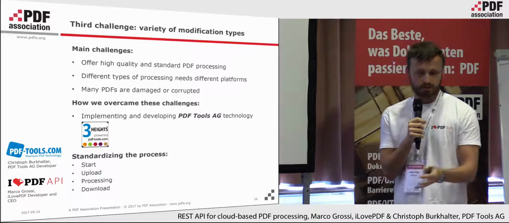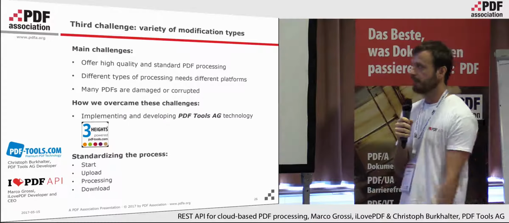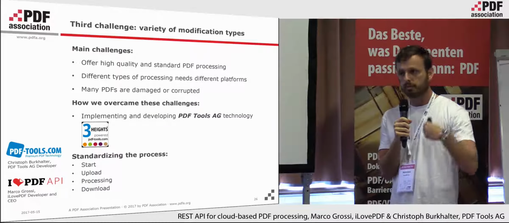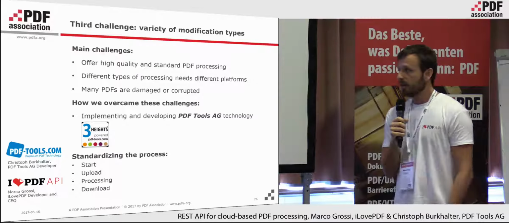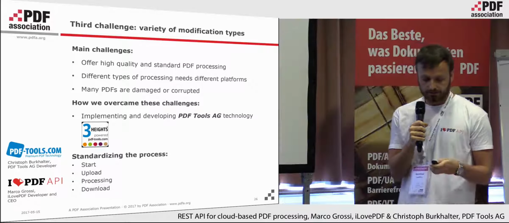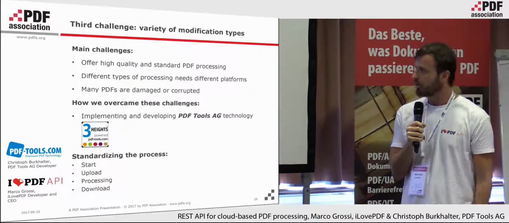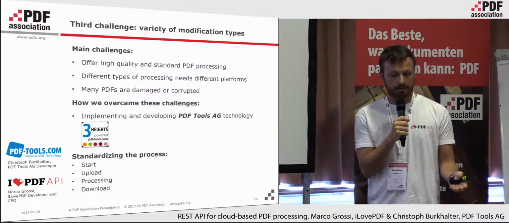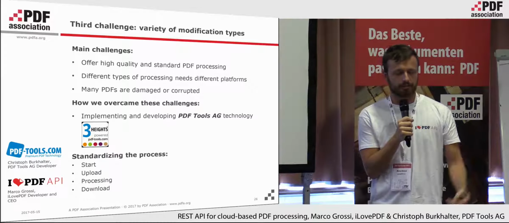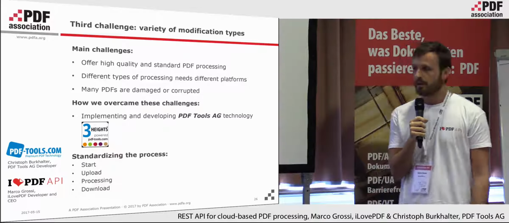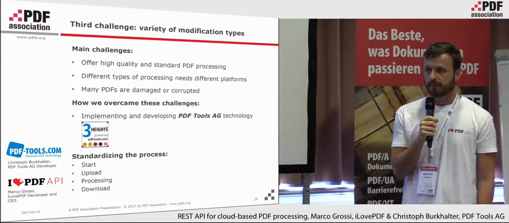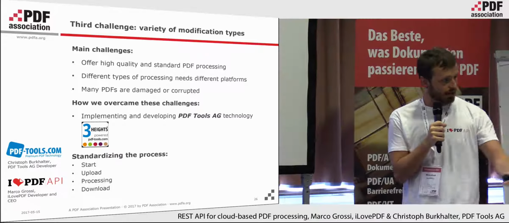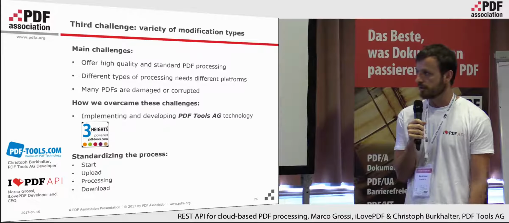Also, you can send, for example, a public URL, and the servers will download it directly. Also, you can upload files from cloud services like Dropbox or Google Drive, providing information about this. We are able to access these cloud services.